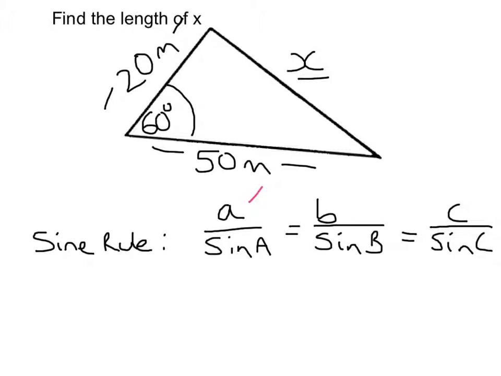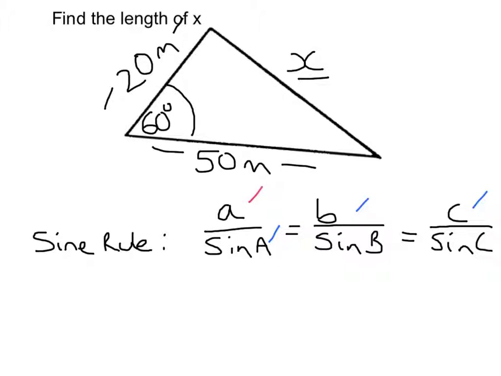Now we tick off the rest of the information we've got. Opposite to side a, we've got angle A is 60 degrees, so we can tick off sine A. And we've got our 20 meters, so I'm going to say that is side b. We don't have angle B, but we do have our 50 meters, so I'm going to say that is side c.